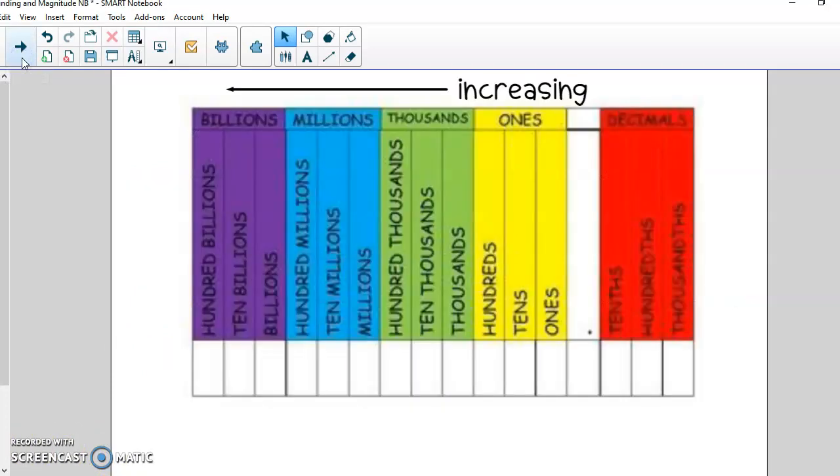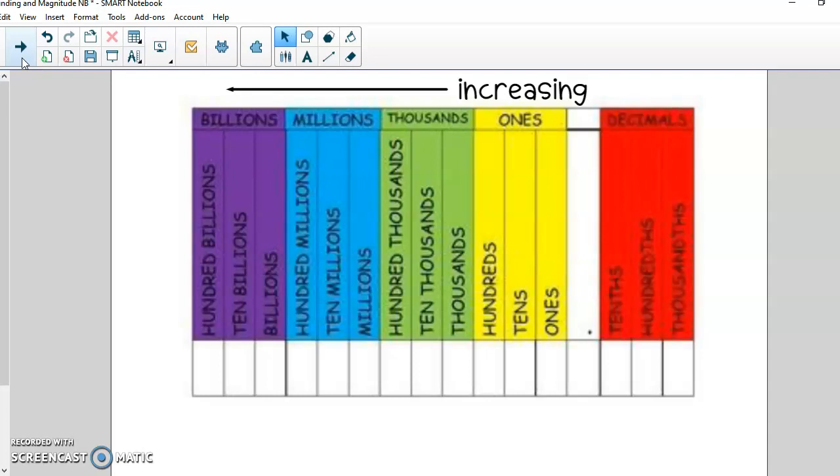If you look at the place value chart that you have on your notes as well as the one on your screen, you will notice that there's an arrow drawn to the left, and it says the word increasing. When you're increasing the value, you're getting bigger. You start with the ones, and the value gets bigger as you go to the left.